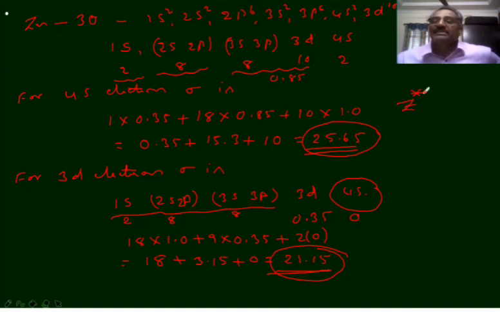If effective nuclear charge is Z star, then Z star is equal to Z minus screening constant sigma, where Z star is the effective nuclear charge, that is the charge which the electron actually experiences, and Z is the actual nuclear charge, that is the charge of the nucleus, and sigma is the screening effect. In this way, effective nuclear charge can be calculated by the calculation of sigma value.